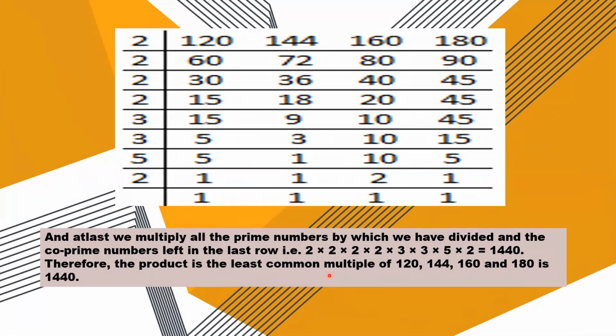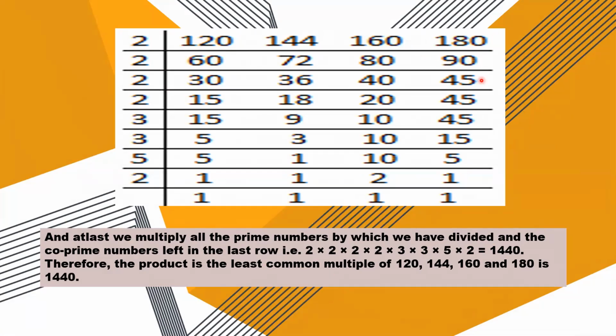As you see, this first row is the four numbers, and then divide by 2. This is the second row. Divide by 2. All these numbers you can divide by 2.